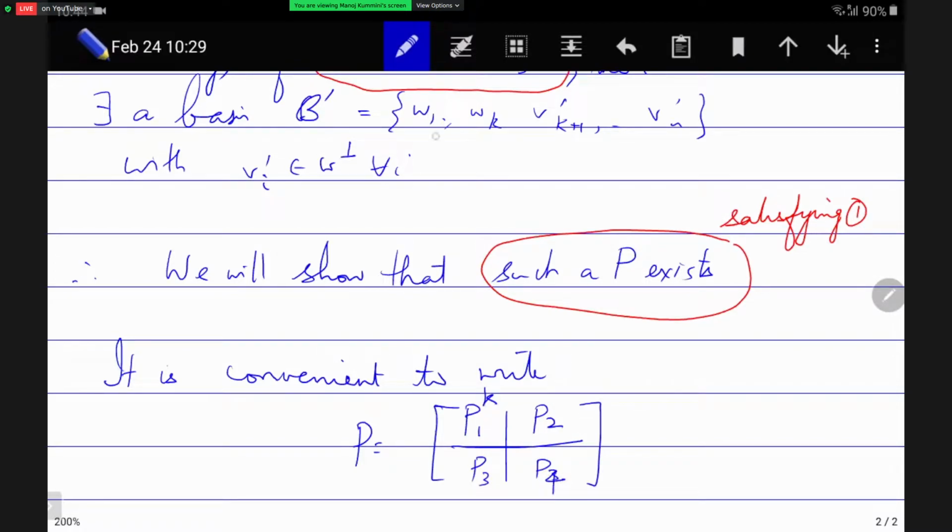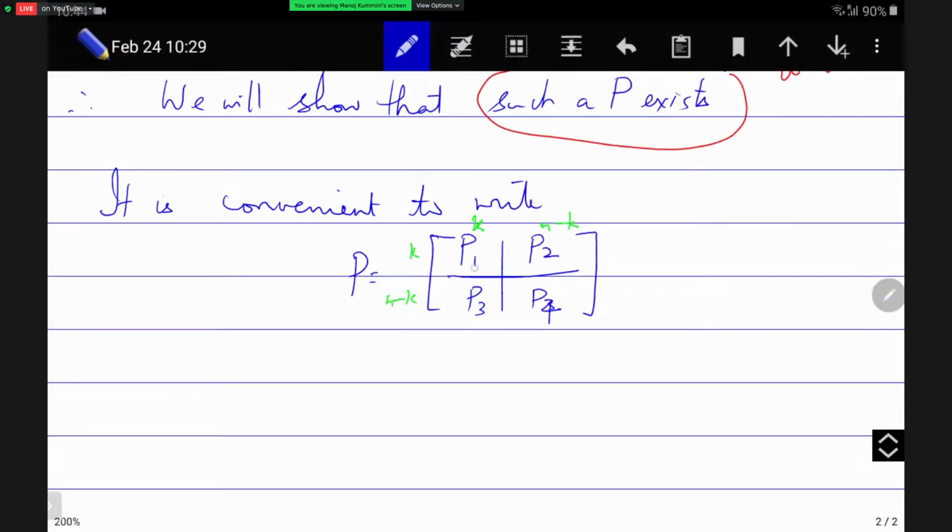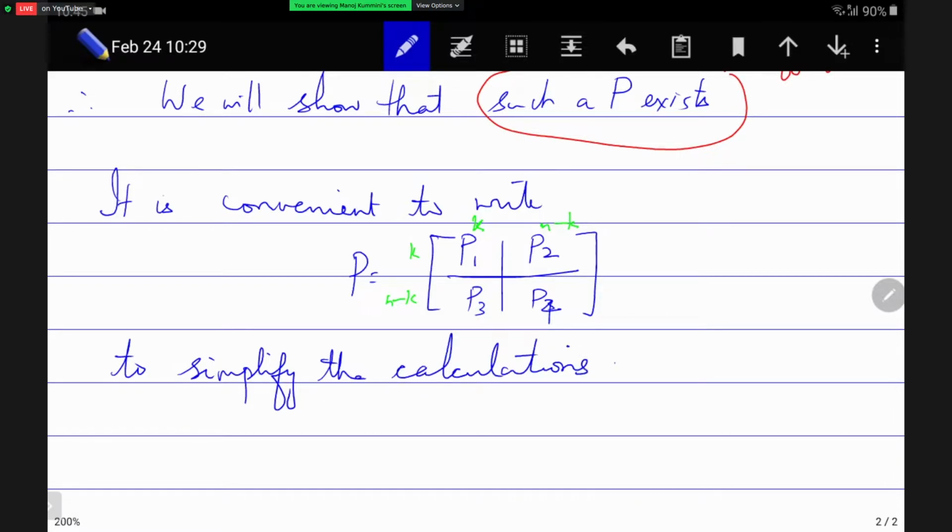Again, this is K, this is N minus K, K and N minus K. To simplify the calculations, in other words, we are just thinking about what the change of basis is depending on what it does to W and what it does to the remaining things.